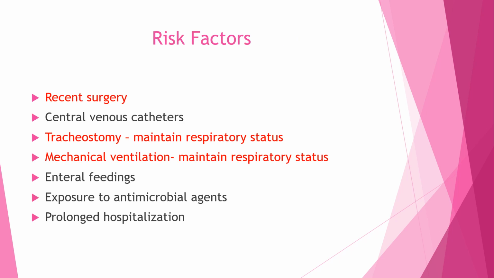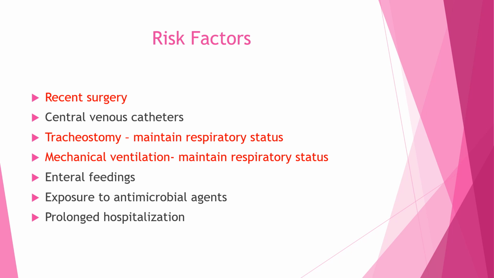Risk factors for Acinetobacter. Ladies and gentlemen, listen up. A recent surgery, a central venous catheter, a tracheostomy. A tracheostomy is used to maintain a patient's respiratory status. Mechanical ventilation is also used to maintain their respiratory status.